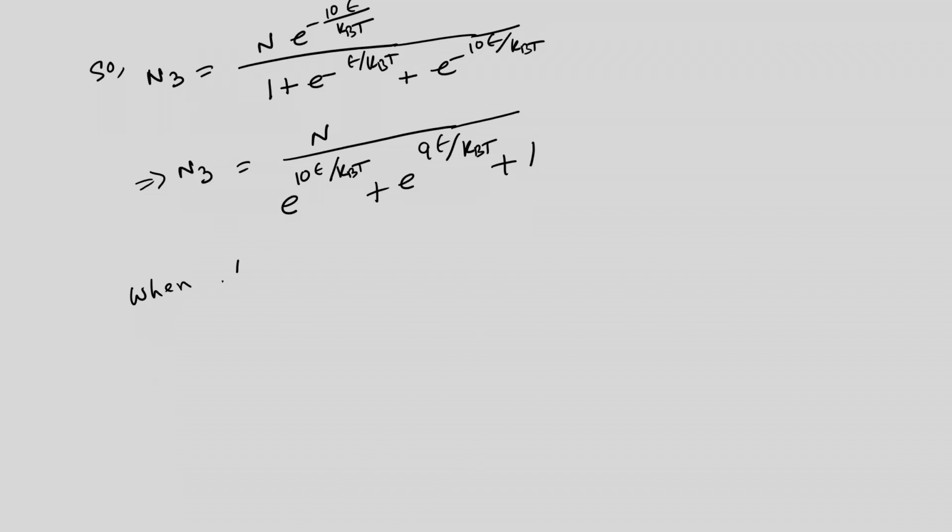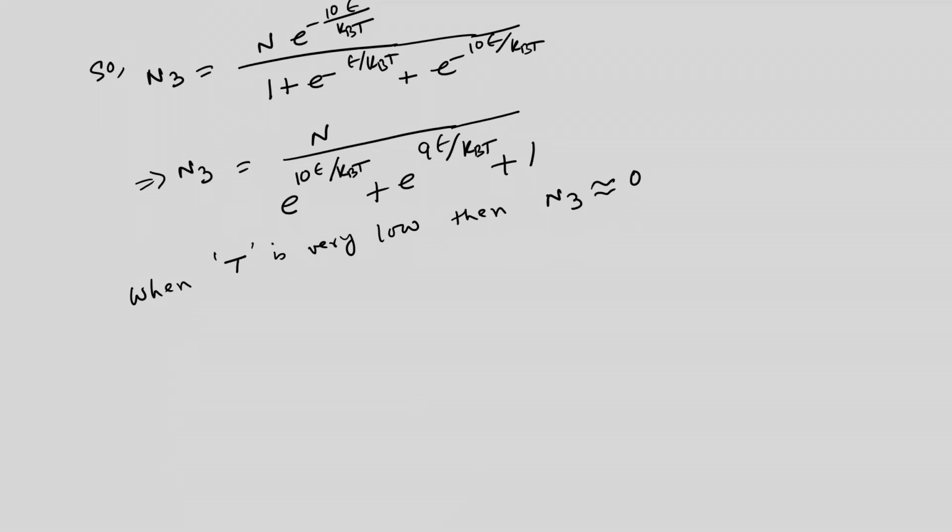So, when T is very low, then N3 goes to 0, right, because T is very low. In the denominator we have the 10 epsilon by kBT term. So, when T is low, these values are very high.